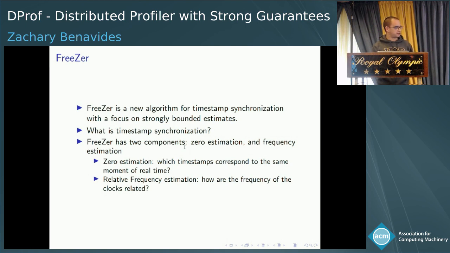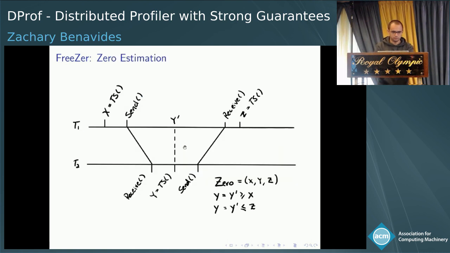And relative frequency estimation is essentially determining the ratio of the clock speeds. The different clocks in your distributed system can in general have been started at different times because you don't boot the machines up all at the same time, and they could also run at different frequencies, even if they're on a machine that has the same nominal core speed.